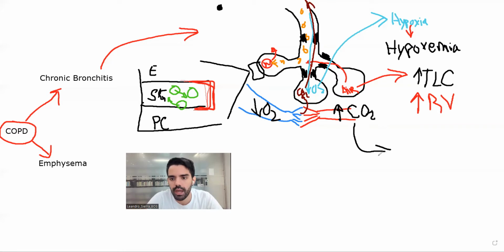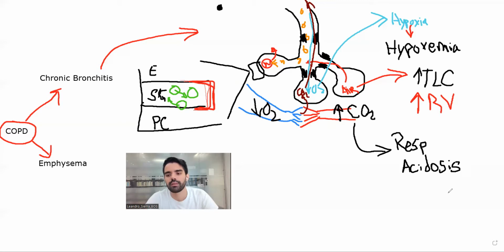So this hypercapnia is going to cause a respiratory acidosis in the patient, a decrease in the pH of the blood, that will cause other changes in the body, and an increase in the reabsorption of bicarbonate in the kidneys, for example. And a cascade of things inside the body that we can talk about a little later.